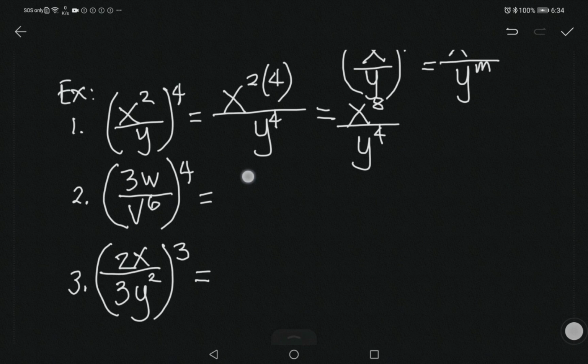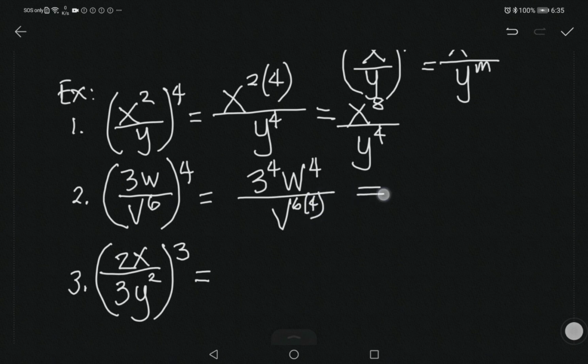So 3 raised to the power of 4 and w raised to the power of 4 over v raised to the power of 6 times 4.